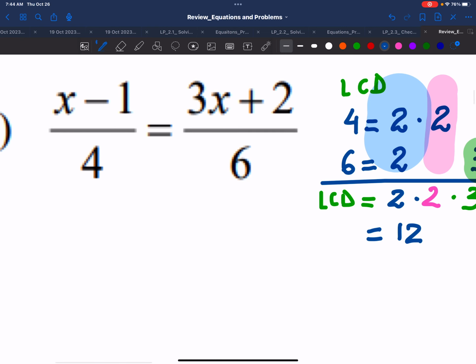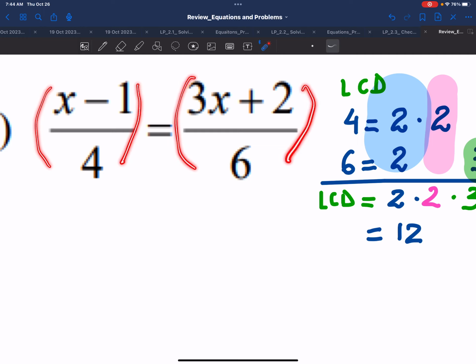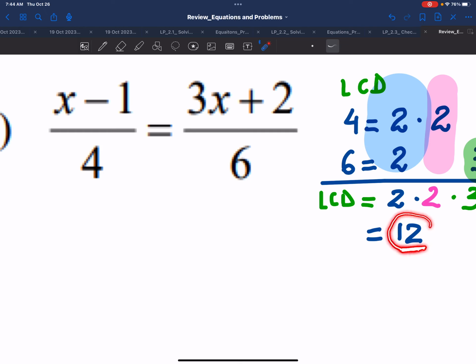So next, what we want to do is multiply every fraction or every term by the lowest common denominator. Remember, because this is the lowest common denominator, or the lowest common multiple of denominators, that's a long name for it, the number 12 is the smallest number that is divisible by all the denominators in the equation.